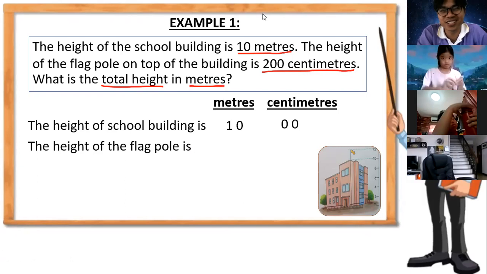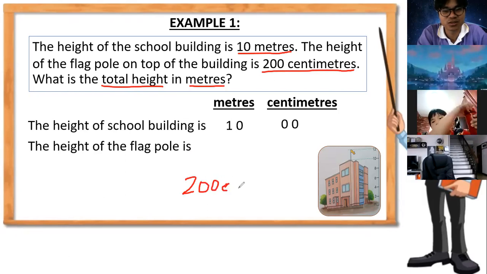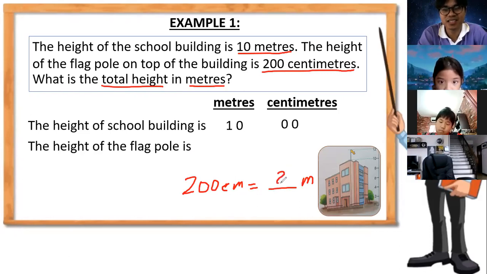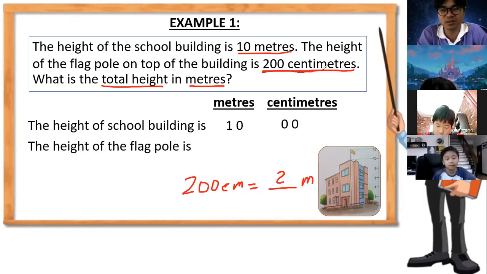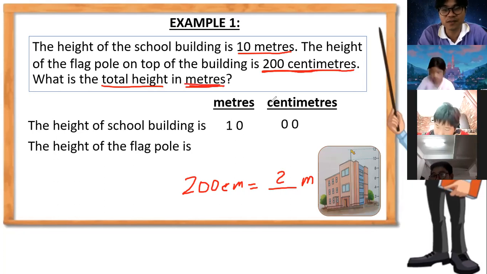So you need to convert the 200 centimeters to meters. What is the answer? 200 centimeters, how many meters? 2 meters. You may ask why we use 2: the given number is 200 centimeters, and because the question asks for the height in meters, you need to convert 200 centimeters into meters.